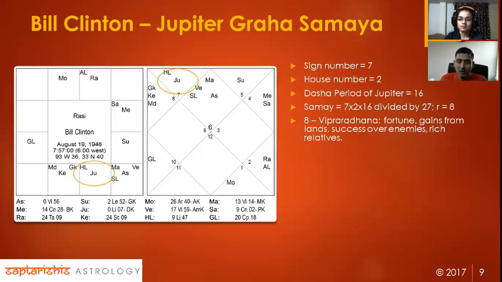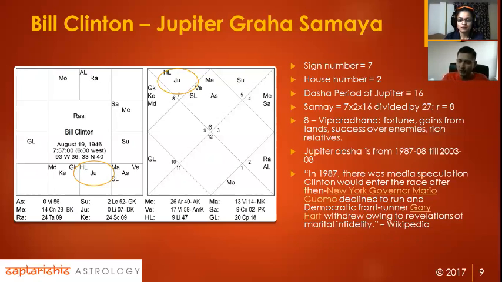So if you notice in the life of Bill Clinton, let's see the Jupiter period, which started in 1987. Till 1987, he was working as the governor of Arkansas.